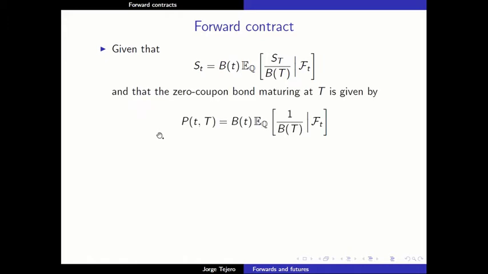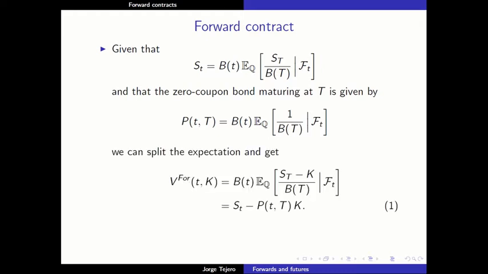Similarly, for the zero coupon bond with maturity at capital T, we also have this equation, which comes from the same reasoning. So using these two facts, we can decompose the value of the forward into two separate terms.